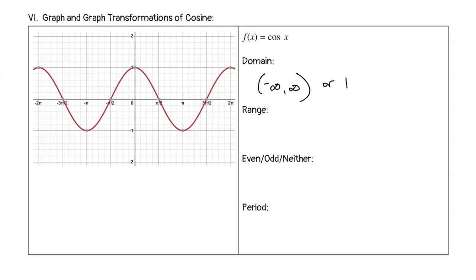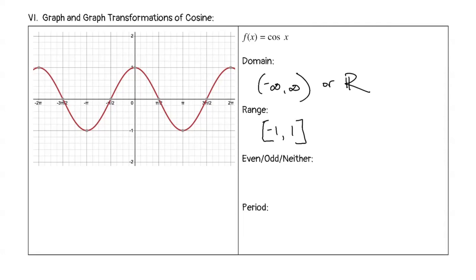So we have the same domain as we did for sine, okay? Now looking at the graph, what is the lowest y value that you see? Great. Bracket, -1. What's the highest y value we see? 1, perfect. 1, bracket, right?